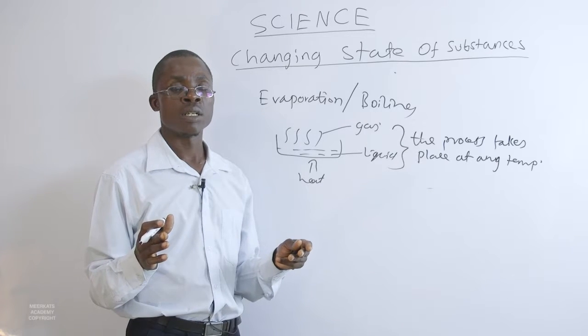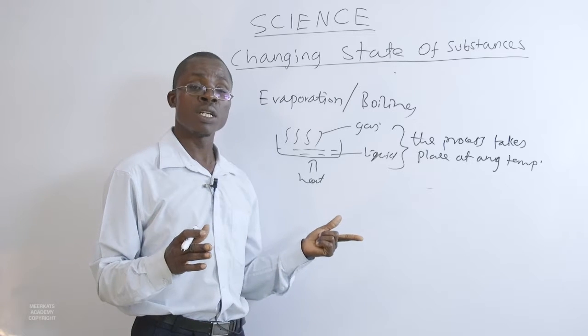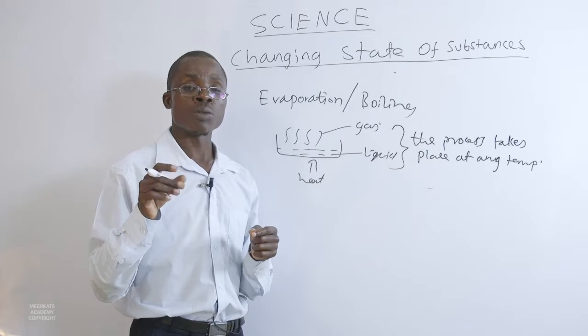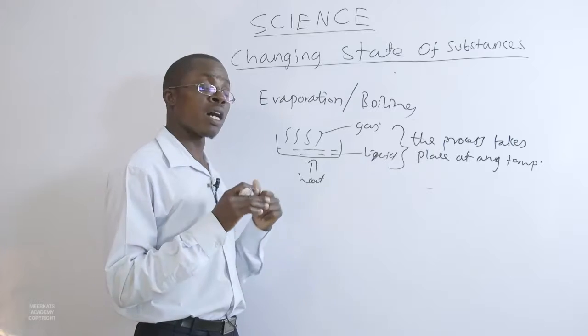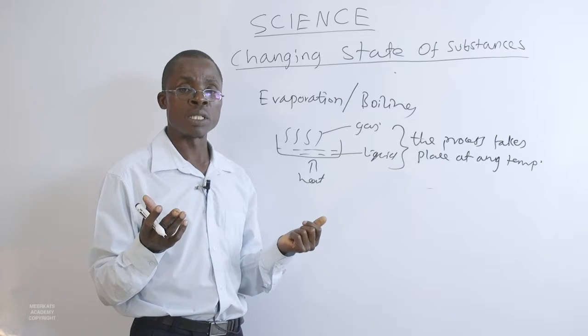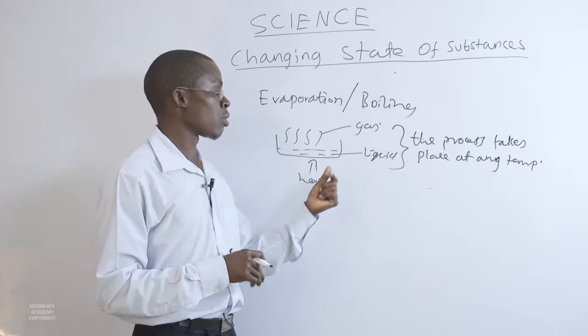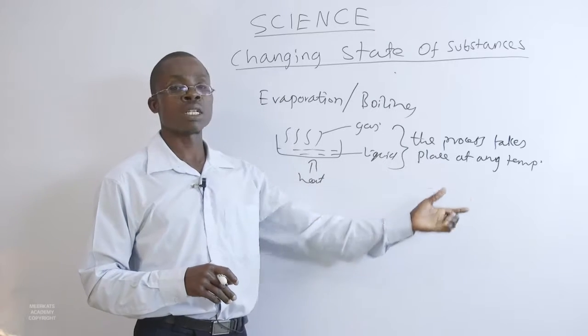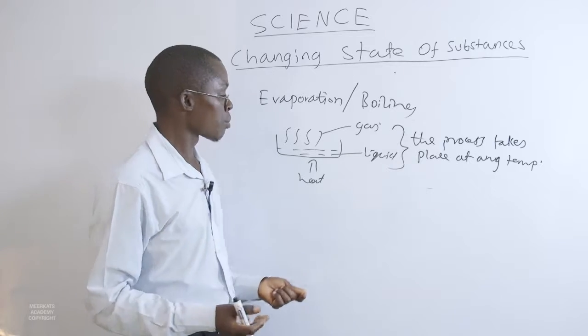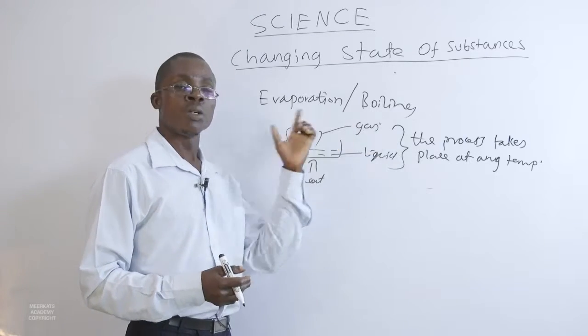But you will find at the end of the day, the clothes will be dry. But was it at 100 degrees centigrade? No. What happened? The water that was in the cloth had to evaporate. So that's a confirmation that evaporation takes place at any temperature, and it's just the process of changing from a liquid to a gas.